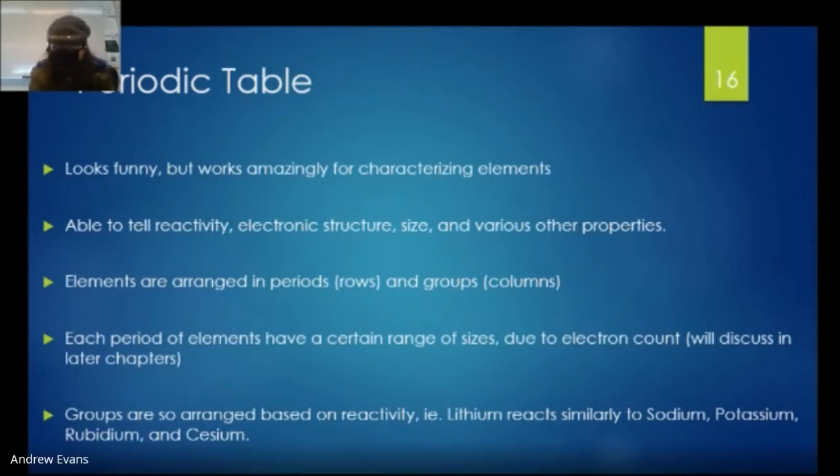Just the same way oxygen, which is above sulfur, which is above selenium, which is above tellurium, and polonium, those guys typically will gain 2 electrons and form 2 bonds. There's a reason why fluorine, chlorine, bromine, iodine are all diatomic gases, and that they form similar reactions with each other.